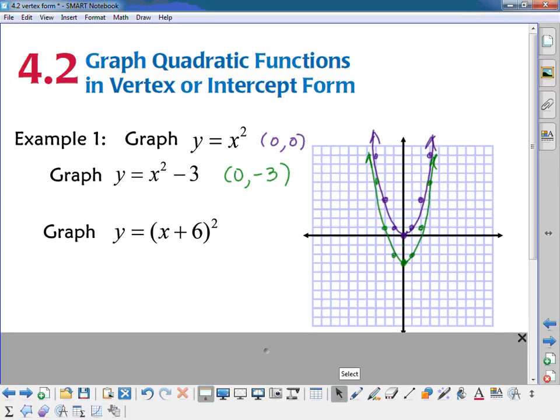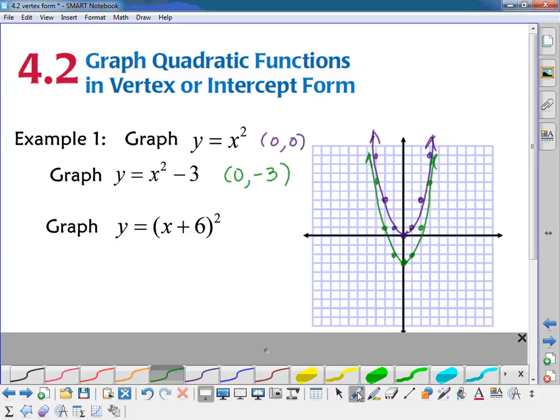Now we're going to look at this one. y equals, and then in parentheses, I have x plus 6. Okay, I'm still trying to find my low point, aren't I? And my low point is when the thing that's being squared is equal to, what did we say? The thing that I'm squaring has to equal 0, right?